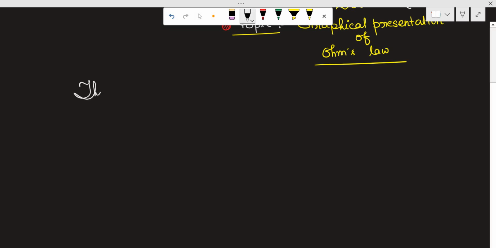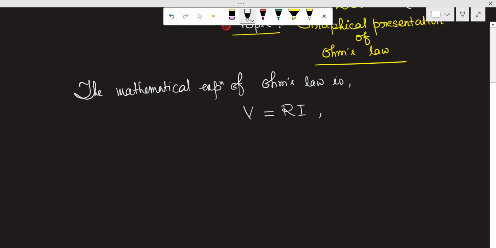The mathematical expression of Ohm's law is V equal to Ri, where V equal to potential difference, which is abbreviated as PD, I equal to current, capital R equal to resistance.